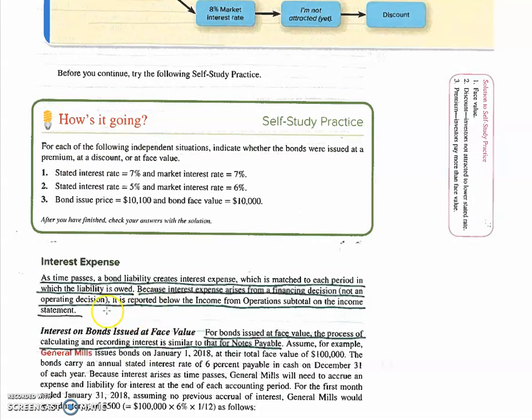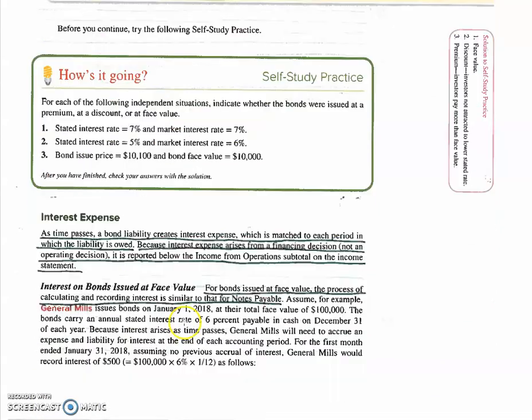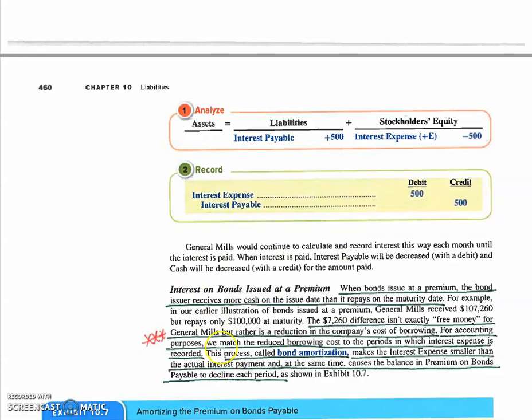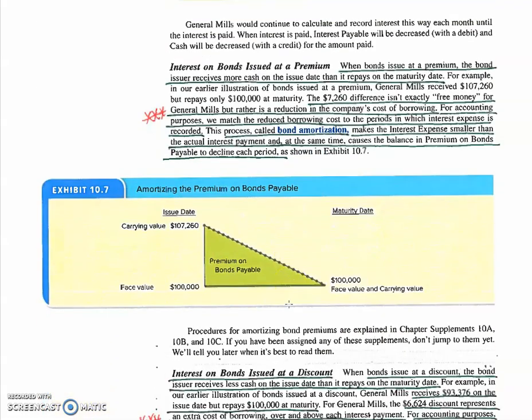There they get into interest expense and start explaining interest on the bonds. So here we get into interest on bonds issued at a premium, and I explained that a few minutes ago. But basically, the carrying amount of the bond goes from whatever it was sold at to face value over the life of the bonds.